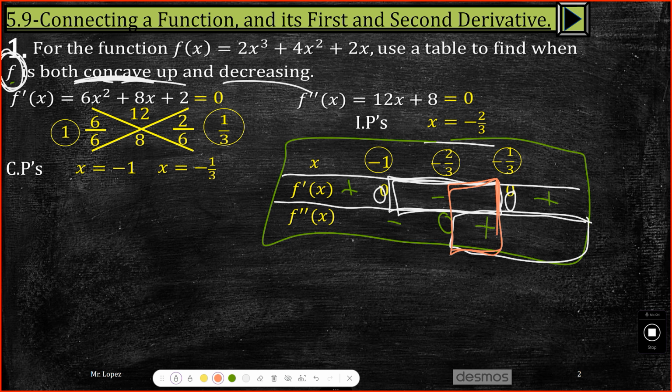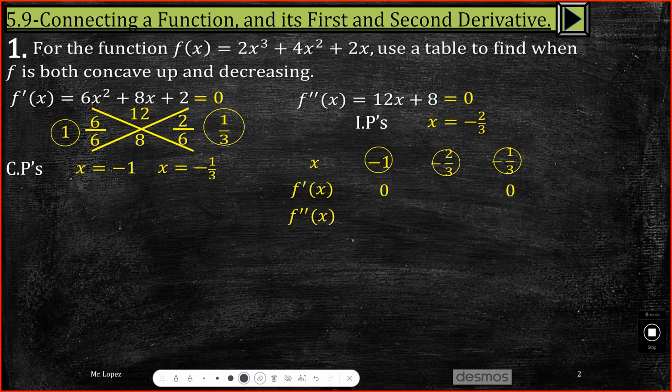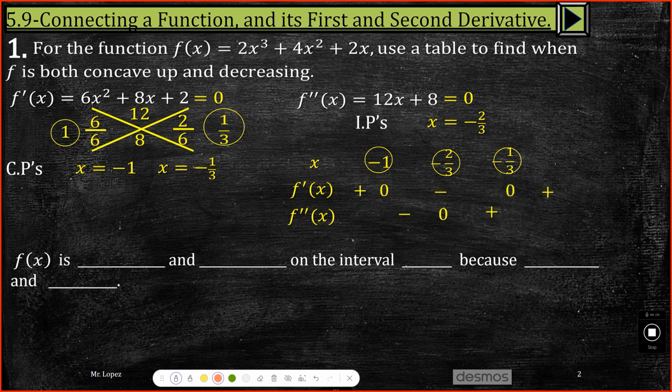So let me then get rid of everything I got here. Okay, so we did all that. Now we identified that this is our interval. So here's a sentence frame again, hopefully so they would accept this and say it's fine. f of x is what and what on the interval because. We always have to have a reason.